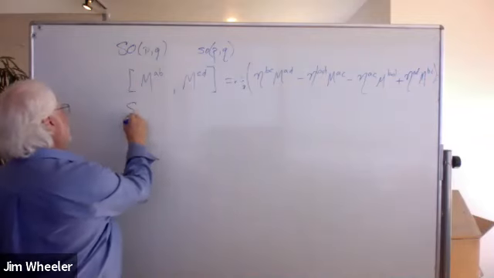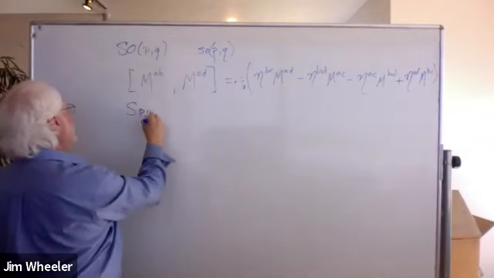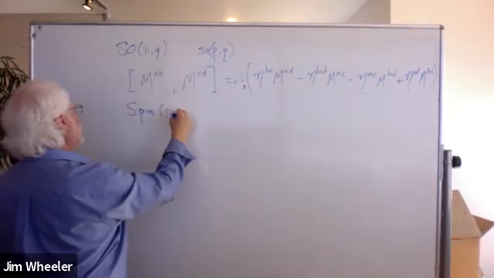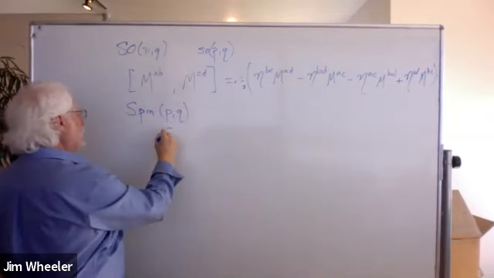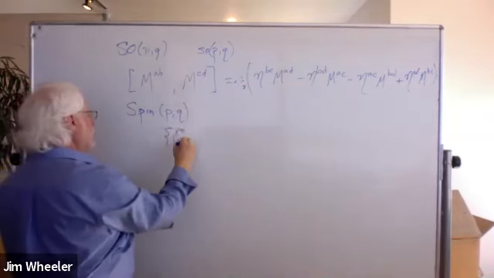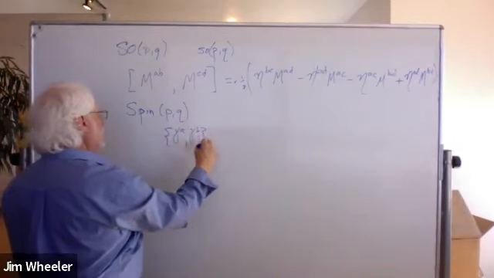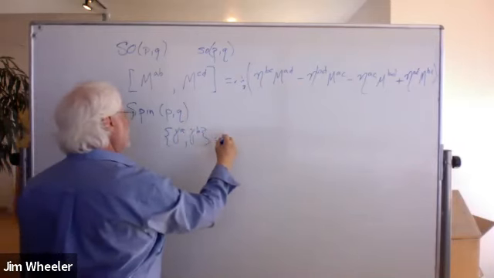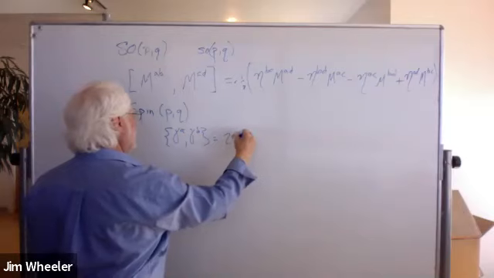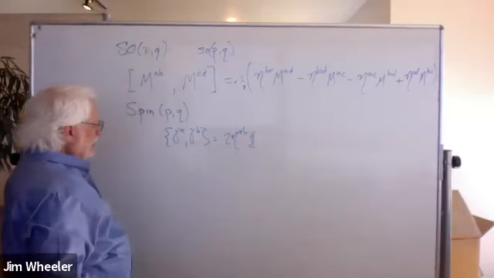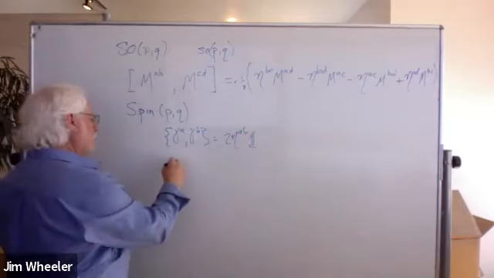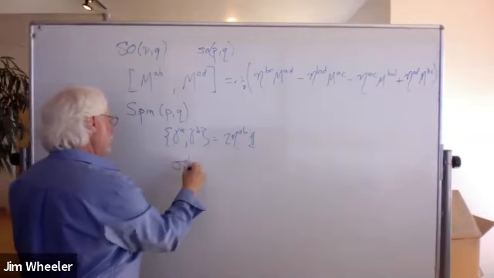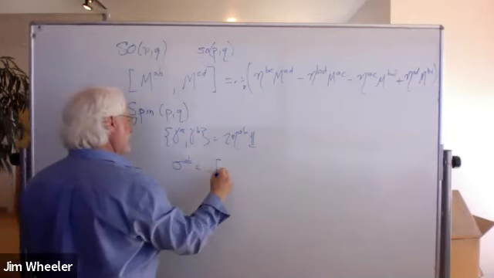Now, spin PQ. We start with gamma matrices satisfying the Clifford algebra. And from those, we form the commutator.